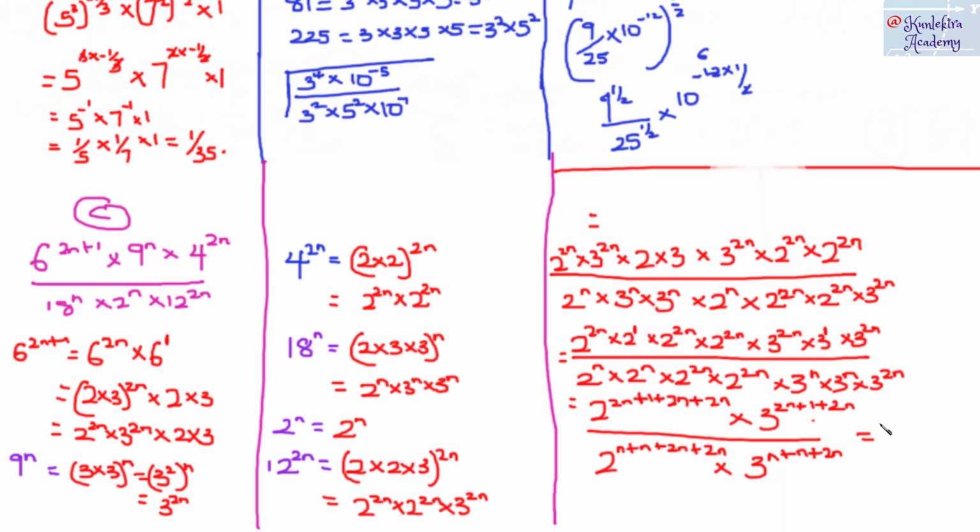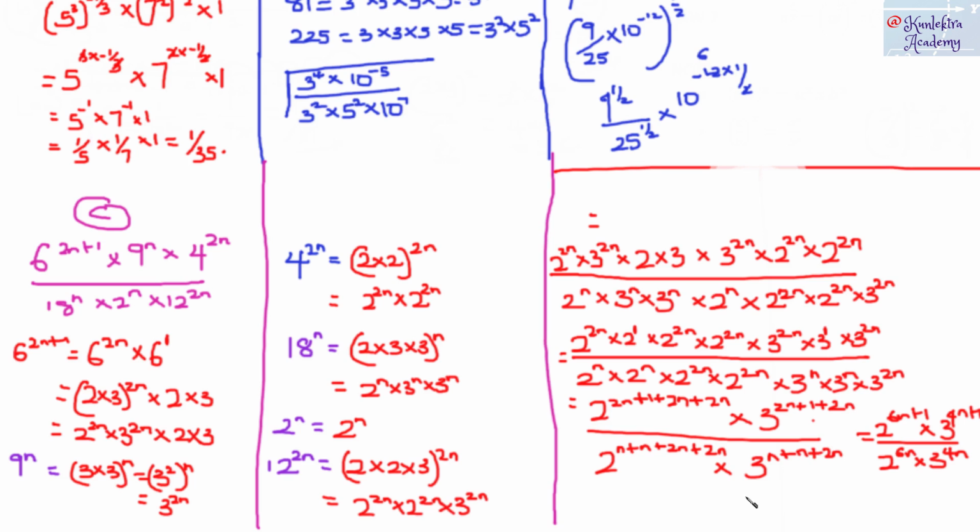That will give us 2 raised to power 6n plus 1 times 3 raised to power 2n plus 2n is 4n, 4n plus 1, over 2 raised to power n plus n, 2n plus 2n, 4n, 4n plus 2n, 6n. That's 2 raised to power 6n times 3 raised to power n plus n is what? 2n. 2n plus 2n, that's 4n.